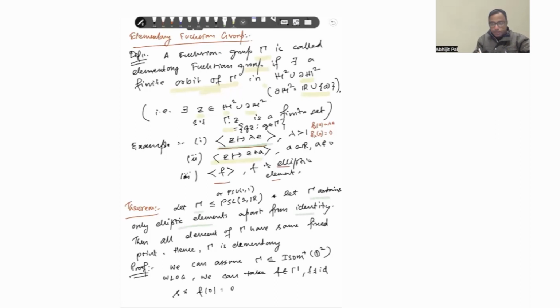Then we'll prove that all elements of gamma have the same fixed point. All the elements will fix the same point. Hence the orbit of that fixed point will be a singleton set, and therefore gamma will be elementary.